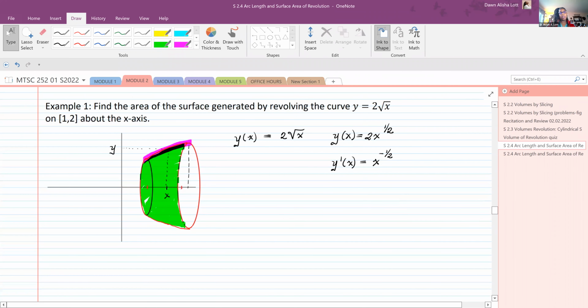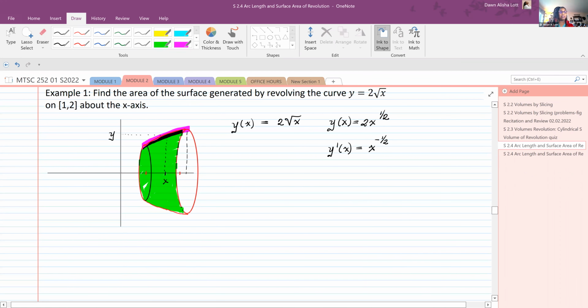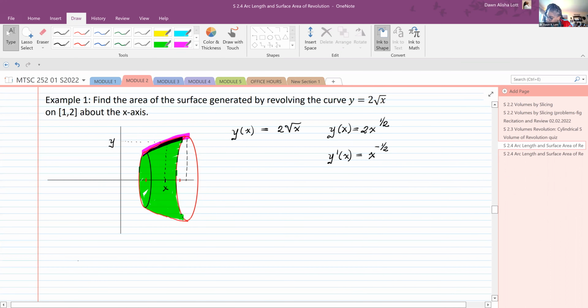All right. They gave me the interval, 1 to 2. So I'm set right now to do this. All right, we're set. Let me leave it so y'all can still see it. So my surface area, S, is going to be the integral from a to b, so from 1 to 2, of 2 pi y, which is 2 times the square root of x, and then I'm going to need in here the square root of 1 plus y prime of x squared dx.